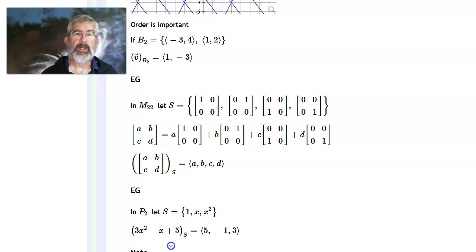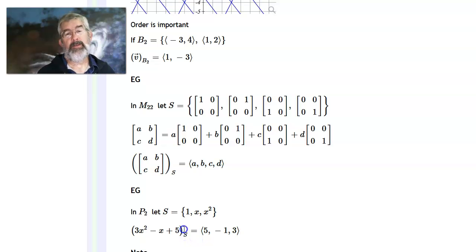Of course, in P2, the vectors are polynomials, right? So that vector, with respect to this basis, what are the components? Well, because of the order, I'm doing the constant, the linear, and the quadratic terms. So the constant term here is 5, the linear term is -1, and the squared term is 3. Right? My claim is that this polynomial is these coefficients times those vectors added up.